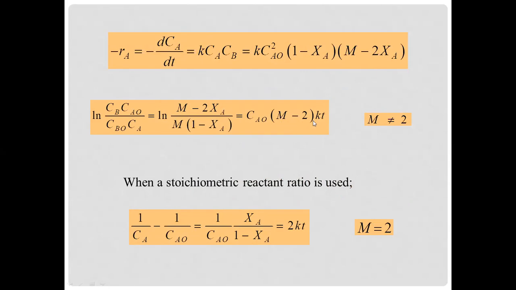So if this is a 3, for example, your m must not be equal to 3 in this case, because you will have nothing to solve if your m is equal to 3. For this one, you can have probably m being equal to 3 or other than 3. But again, the equation will not be any more similar on the right side.